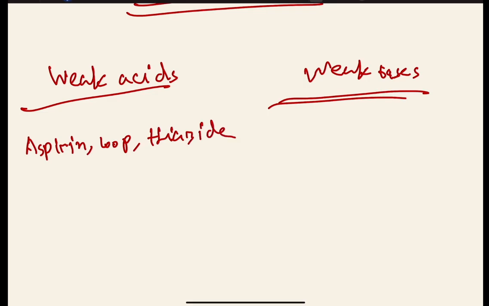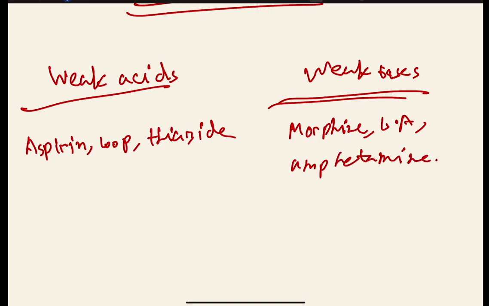They're weak acid drugs. Weak bases, like we have morphine, local anesthetics, and amphetamine. So these are some examples of weak acid drugs and weak bases.